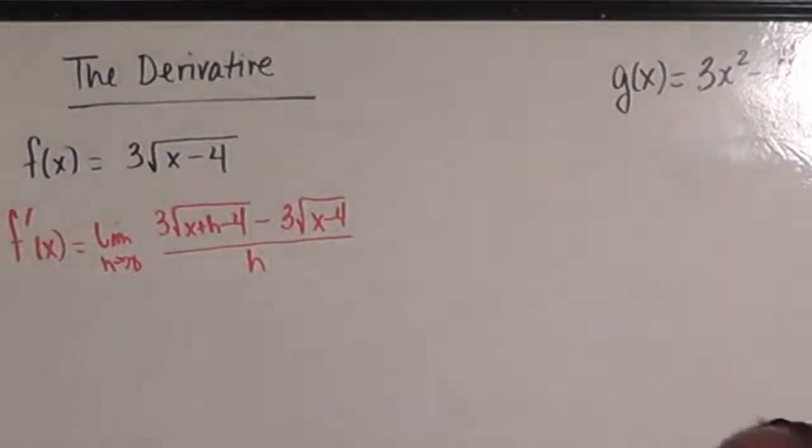Okay. Now this one is a little trickier than our last two examples because here we're no longer dealing with a nice rational function or a nice polynomial. That square root makes it a little difficult because I can't just combine them as they are. I need to somehow get rid of those roots because as long as those roots are in there, I'm not going to be able to combine those two terms.